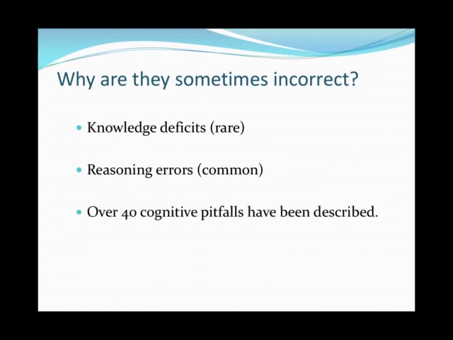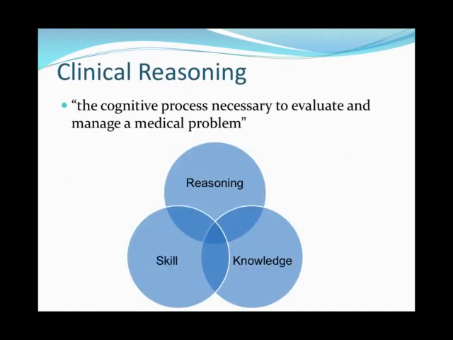When researchers have studied these types of reasoning errors, or cognitive errors, there are over 40 different types that have been described, and we're going to talk about some of those. But first, clinical reasoning is a combination of things that we need. We need the knowledge, which we get from medical school, from residency, from reading books.